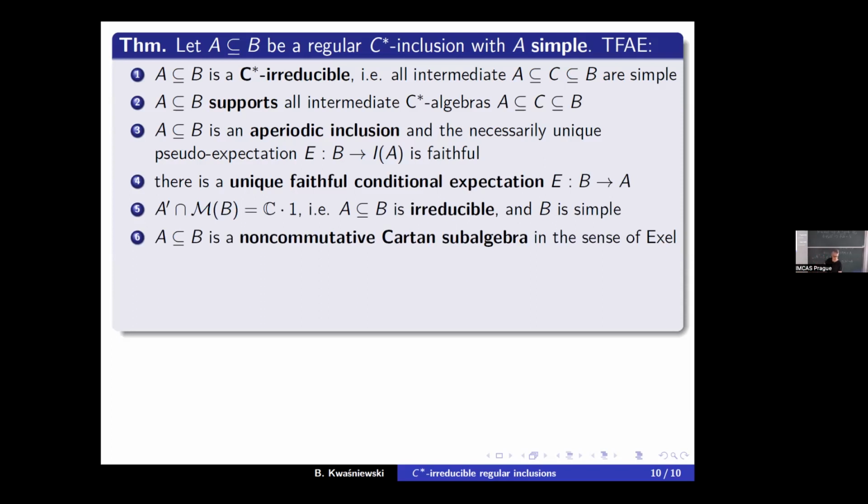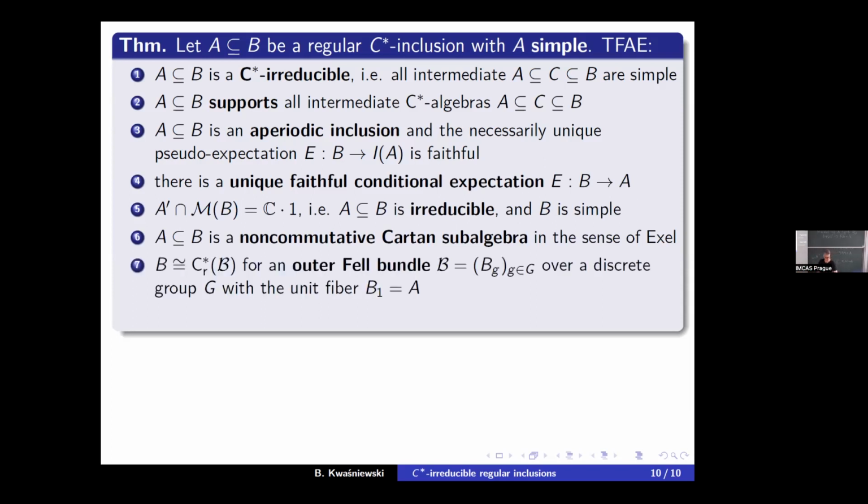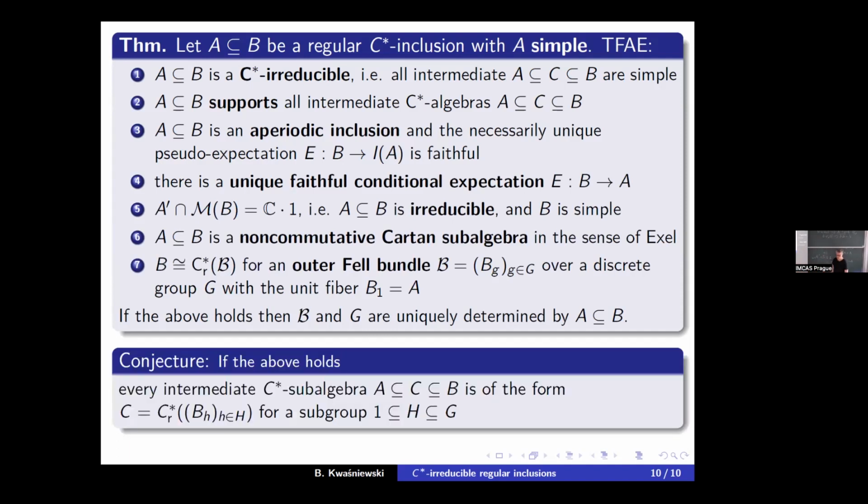And this is equivalent to being a non-commutative Cartan algebra in the sense of Kumjian. And we have this outer Fell bundle. And if the above holds, then there's a Fell bundle over a group or groupoid determined by this inclusion. In this way, we can think of this inclusion as a dynamical object. And just to finish, I have this conjecture.